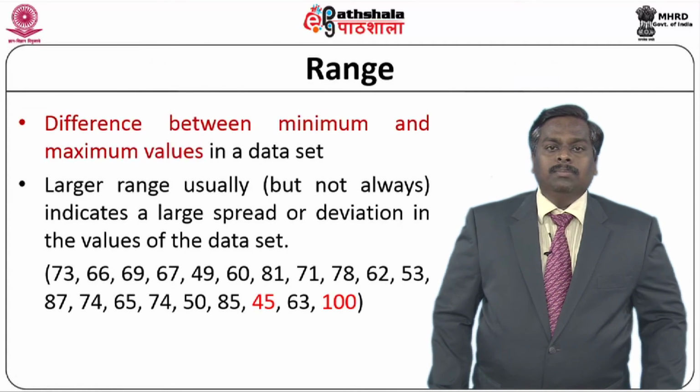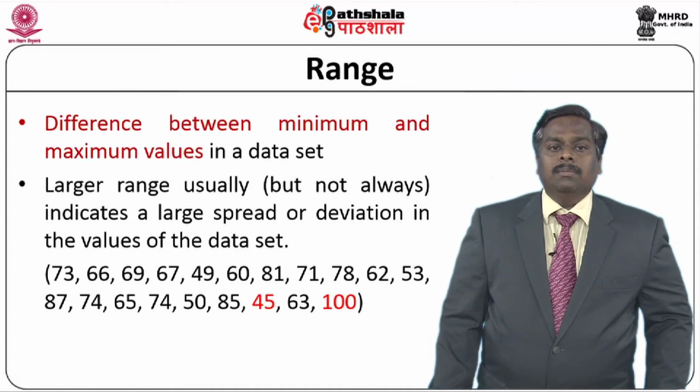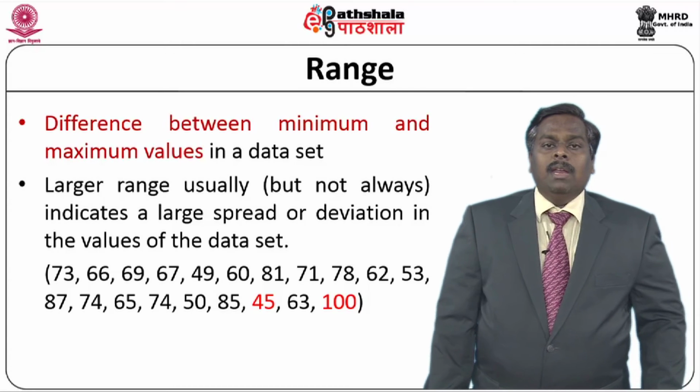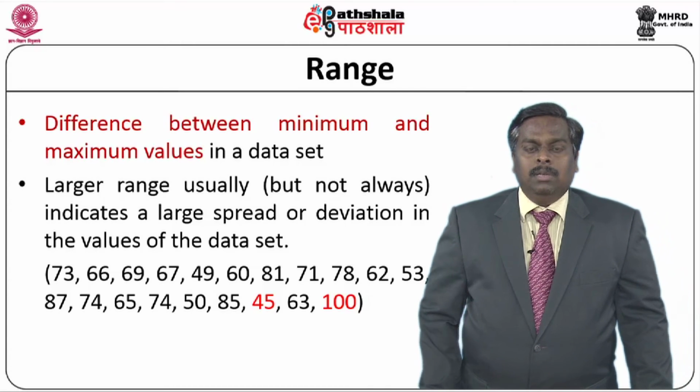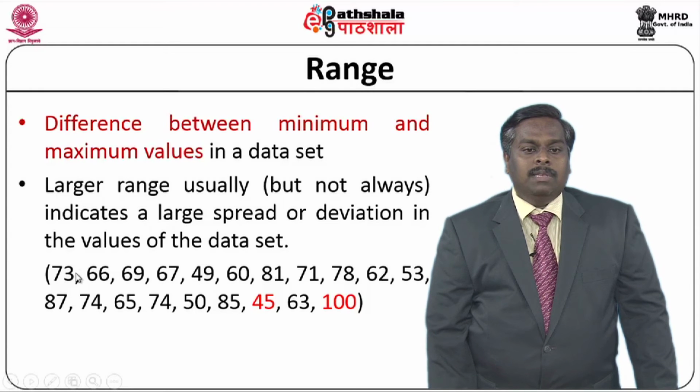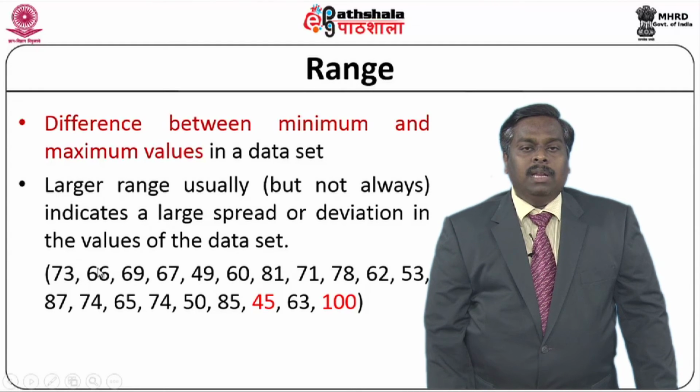To start with, we will first discuss range. Range is fundamentally the difference between the minimum and maximum values in a data set. For example, we can have a set of data like the one shown in the slide. So, we have a set of numbers 73, 66, 69 till 100.